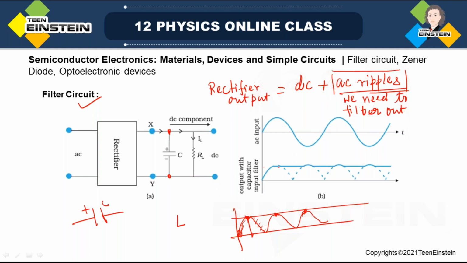So this is how we get a constant DC voltage throughout.